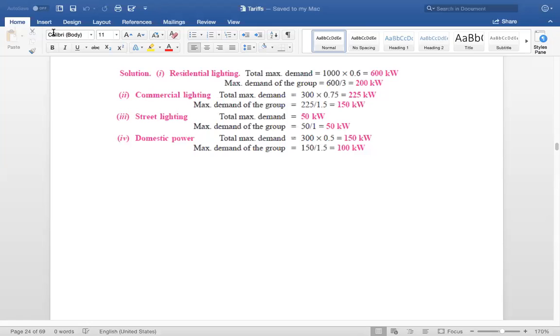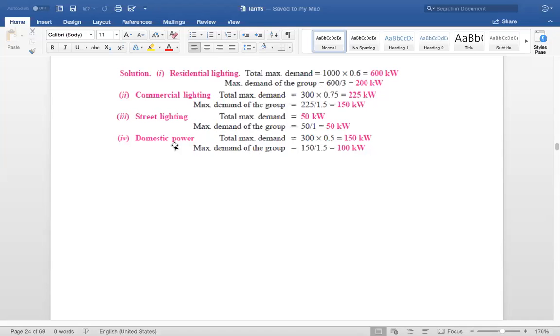Commercial lighting is total maximum demand is 300 times 0.75, which is 225 kilowatts. And the maximum demand of the group is again 225 divided by 1.5. It's 150 kilowatt. Street lighting, 50 kilowatt. Demand of the group will then 50 divided by 1 is 50 kilowatt.